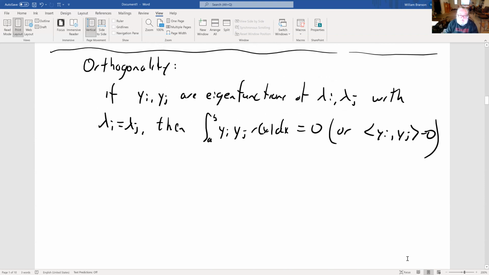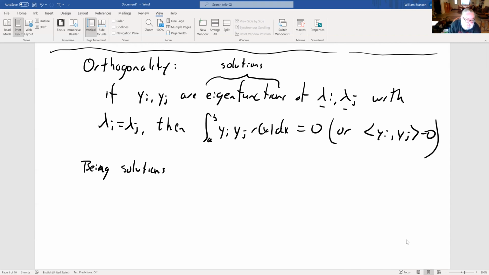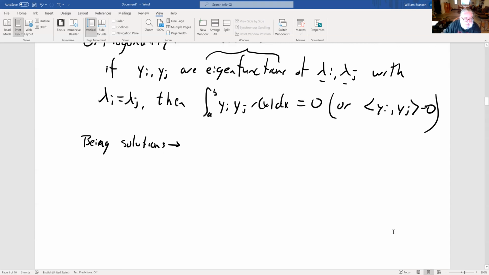So solutions, eigenfunctions, that means they're solutions to the Sturm-Liouville equation with eigenvalues lambda i, lambda j. So being solutions, what does that mean? Well, if you're a solution to a differential equation, that means if you get plugged into the differential equation, you work.